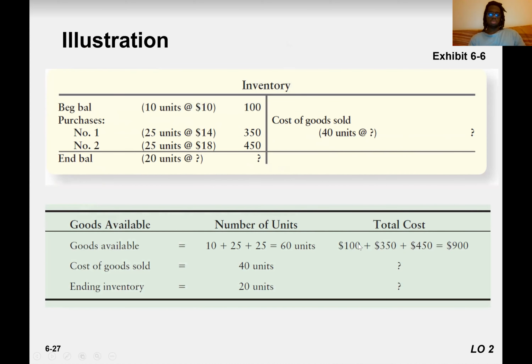Right now, how many goods are available to your business? 10 and 50, so 60 units. And what is the cost? 100 plus 350 plus 450, that is 900. So what is the average cost? 900 divided by 60. Simple.